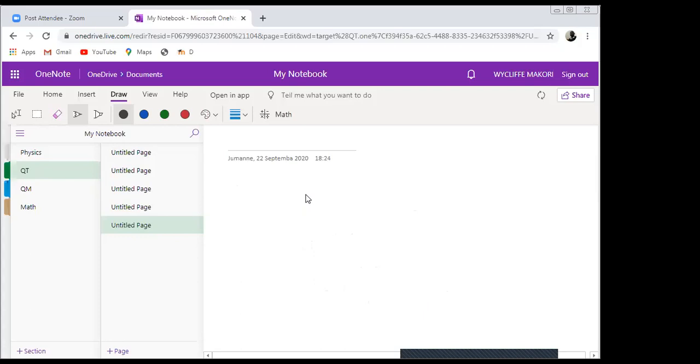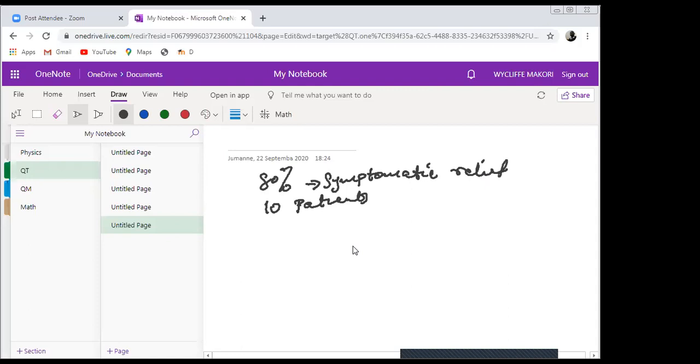Suppose that 80% of adults with allergies report symptomatic relief with a specific medication. If the medication is given to 10 patients with allergies, what is the probability that it is going to be effective in exactly 7?